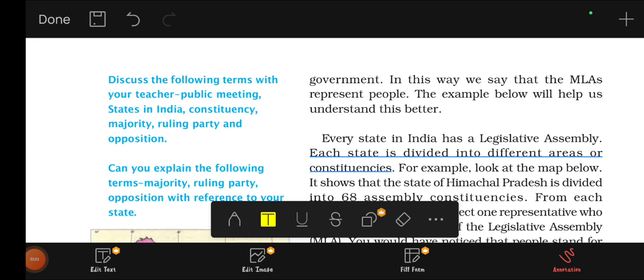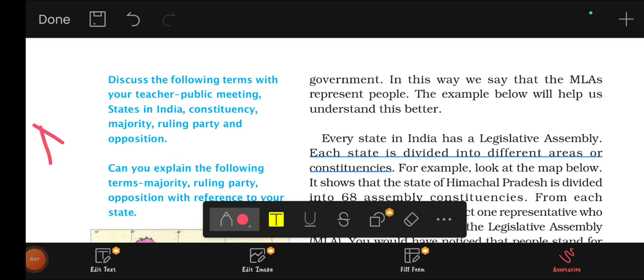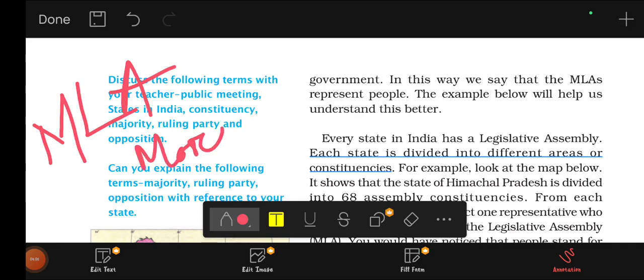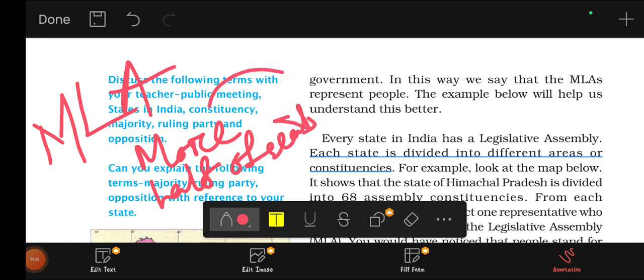And after being elected as MLA, if they have the majority, that is, they are able to acquire more than half of the seats in the assembly, then they will form the government of that particular state.